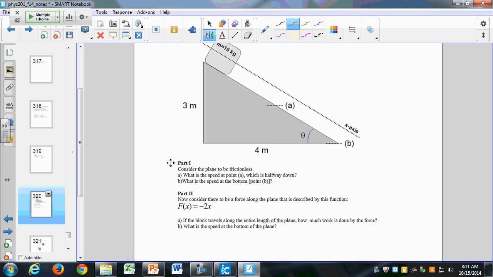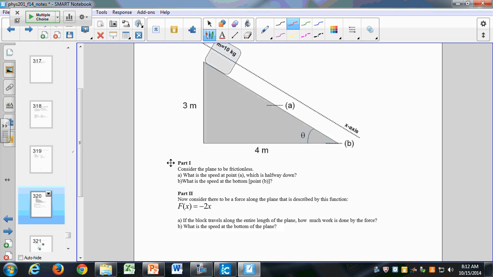This is a very good problem. You could do this from a kinematics perspective, but it's a heck of a lot easier to do this from an energy perspective. So here I have an object that's sliding down an inclined plane, and first I just imagine that the plane is frictionless, that there are no forces opposing the motion, and I ask what is the speed at different points.